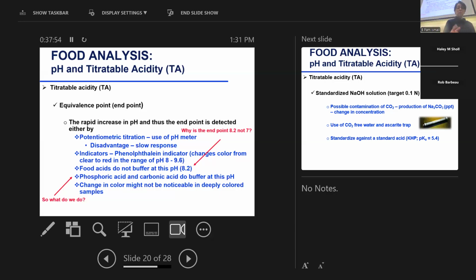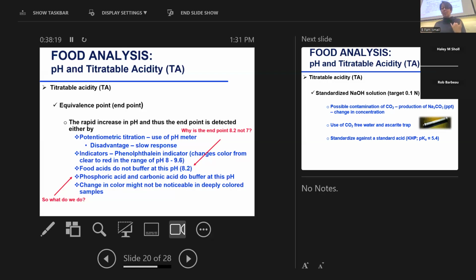So the solution for this kind of sample or beverages is you just measure the pH until you get 8.2. You disregard the color because the carbonic acid, or phosphoric acid, is going to continue to buffer. So you just measure when the pH reaches 8.2, that's your equivalence point.